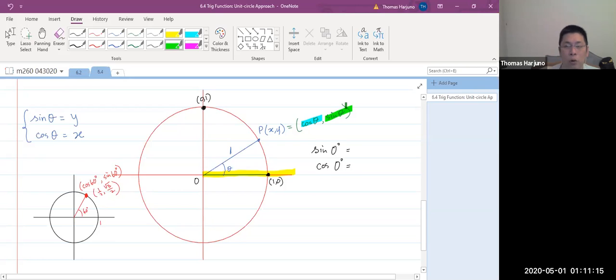So if we know the coordinate here is 1, 0, then the 1 here is for the cosine, and the 0 here is for the sine. Cosine 0 degrees is 1, sine 0 degrees is 0.